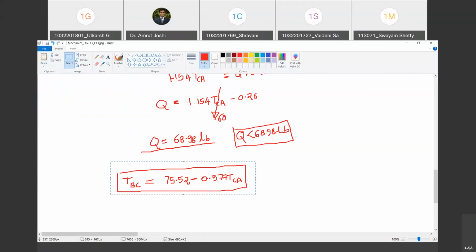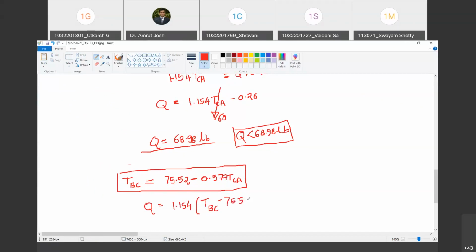Here TCA, I'm going to replace in terms of TBC. Are you with me? So Q can also be written as 1.154 times TBC minus 75.52, divided by 0.577. Are you with me?